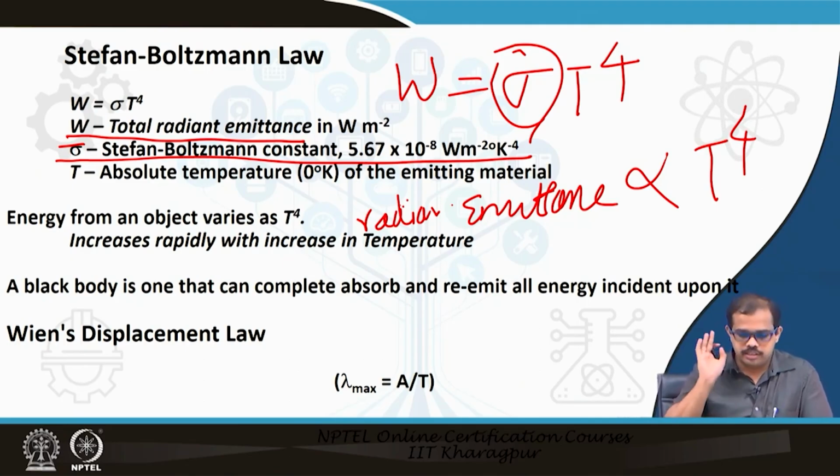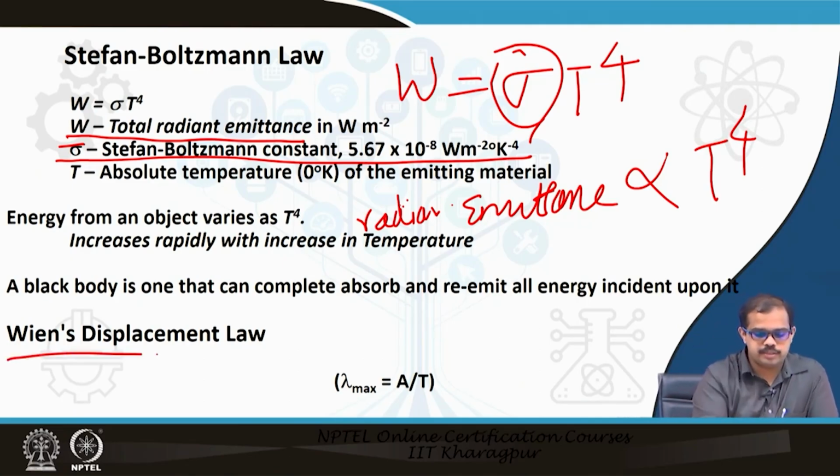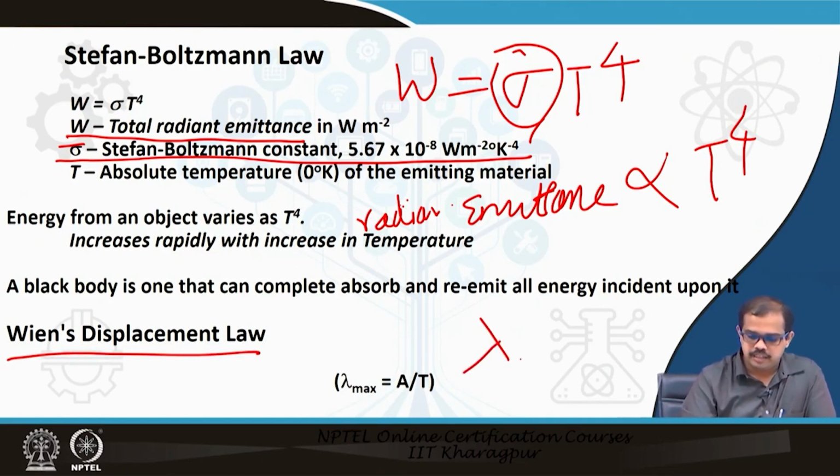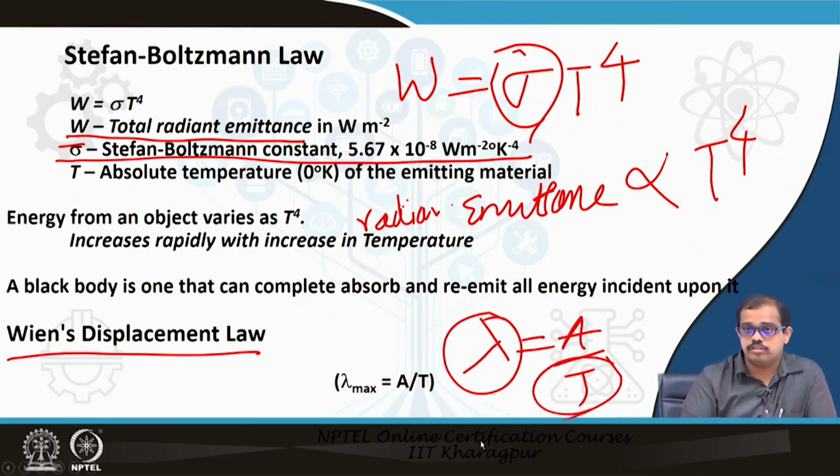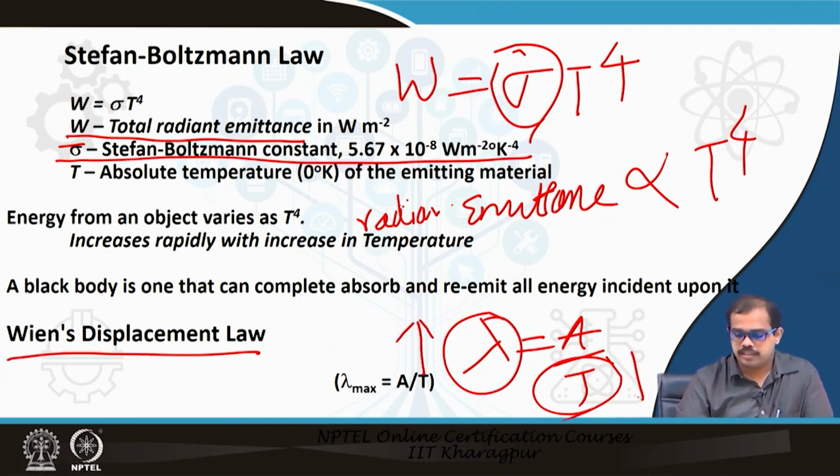The next law that we have to understand is Wien's displacement law, which states that lambda is inversely proportional to the temperature, which means that wavelength is inversely proportional to the temperature. If the wavelength is higher, the temperature is lower.